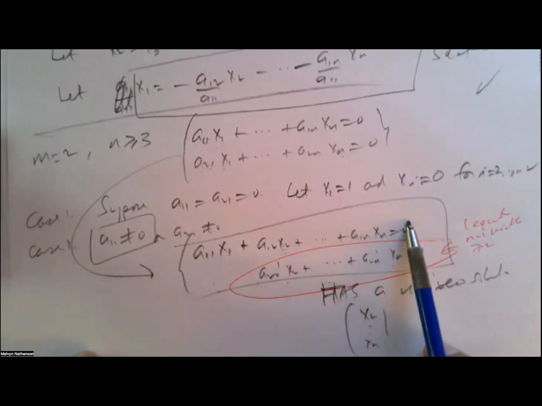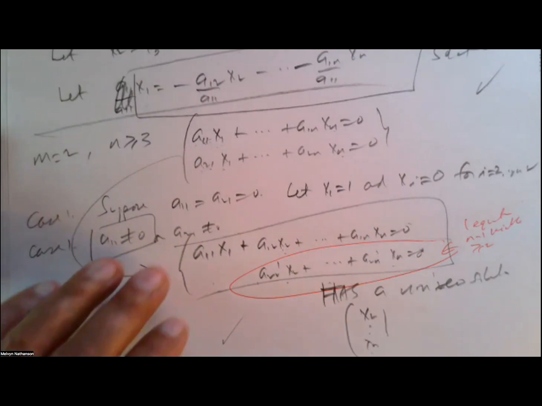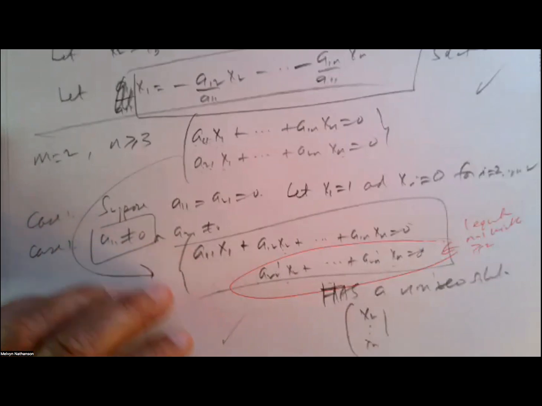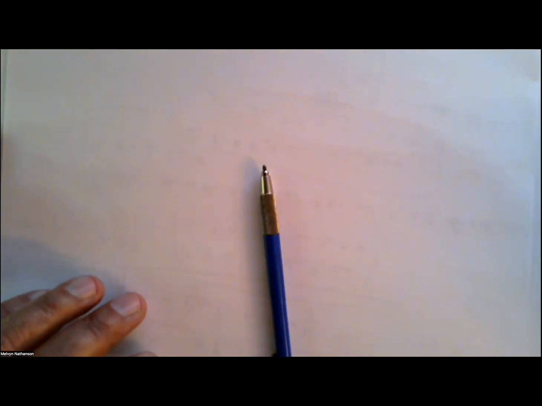I can find x1 that makes this equation 0. So I'm done. If I have 2 equations and 3 or more variables, the system has a non-trivial, non-zero solution. So let's consider now the general case.